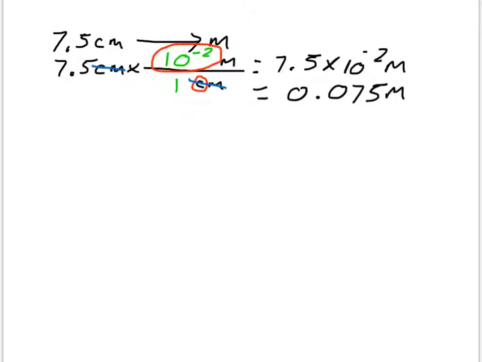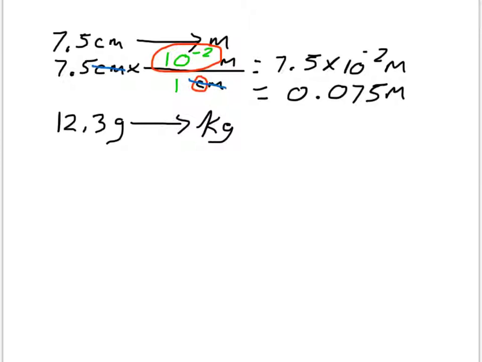Let's try another one. Let's say that you're in the lab and you measure a mass out to be 12.3 grams. And you have to be in kilograms because kilograms is the SI unit for mass. So where do you start?